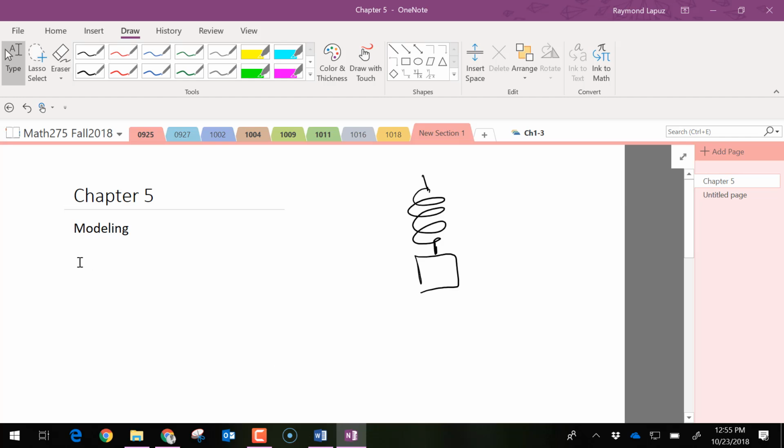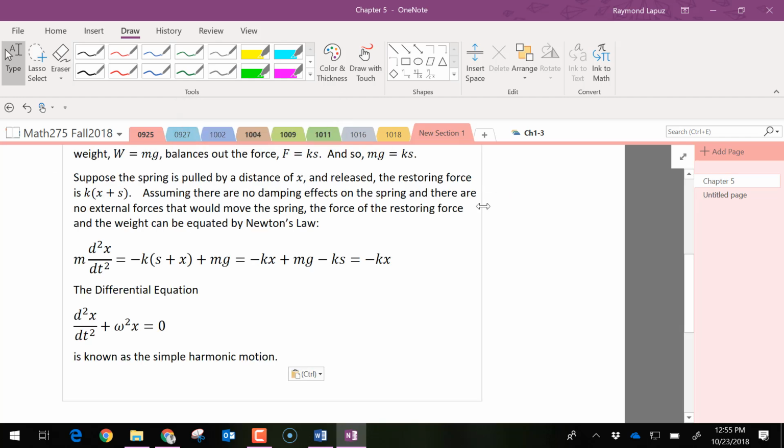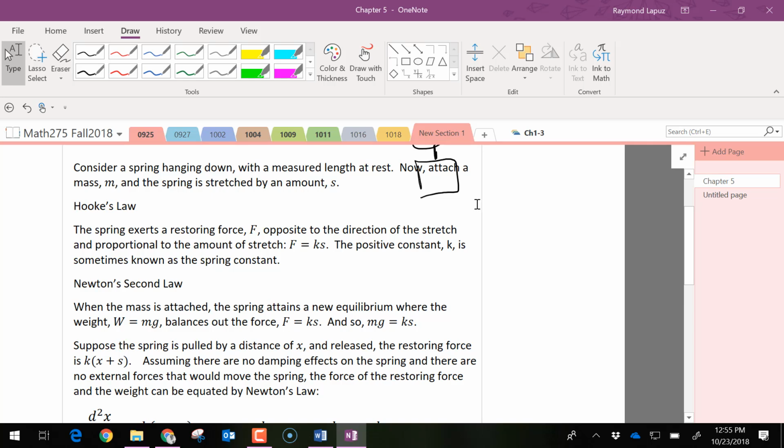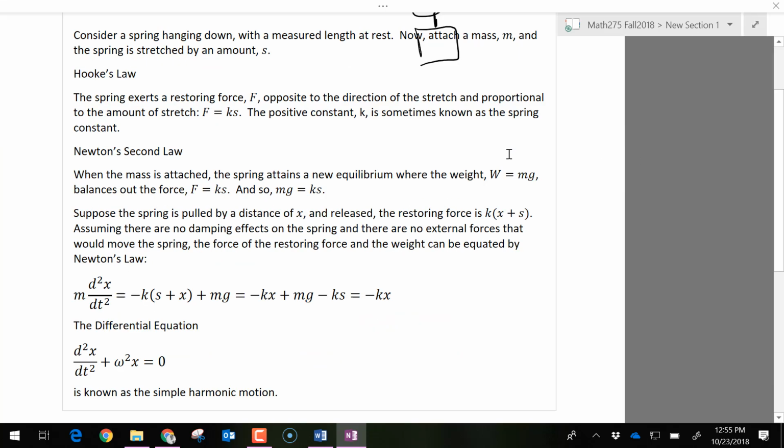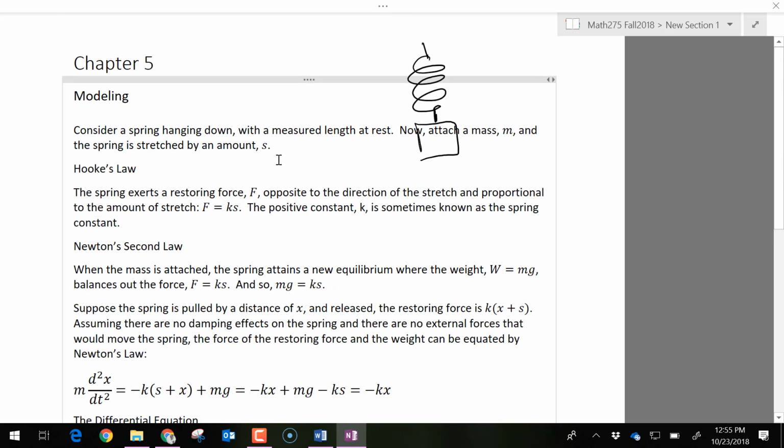And I'll just copy and paste all this stuff here. Okay, so we have a spring hanging down and measure the length at rest, and we attach a mass M, and then now the spring gets stretched by some certain amount.